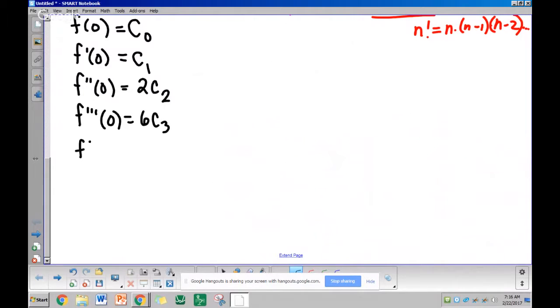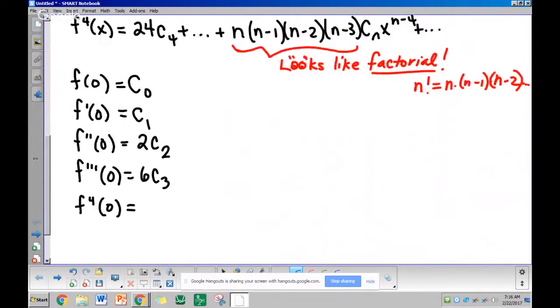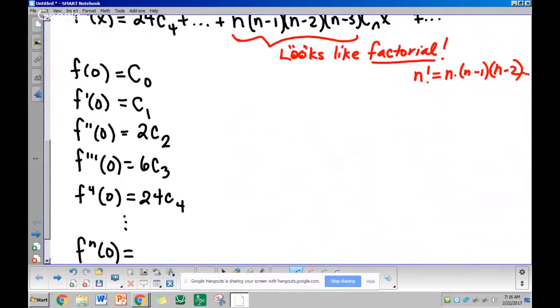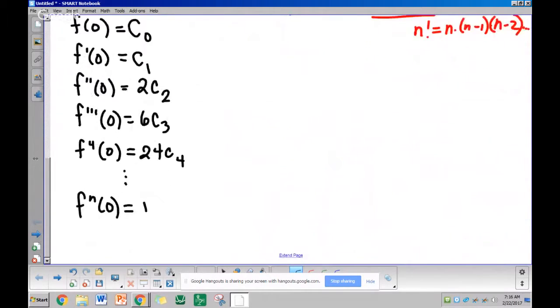And the fourth derivative, evaluated at 0, will give me 24 c sub 4. And then I can do the generic here and say the nth derivative of f, evaluated at 0, will be n factorial times c sub n.